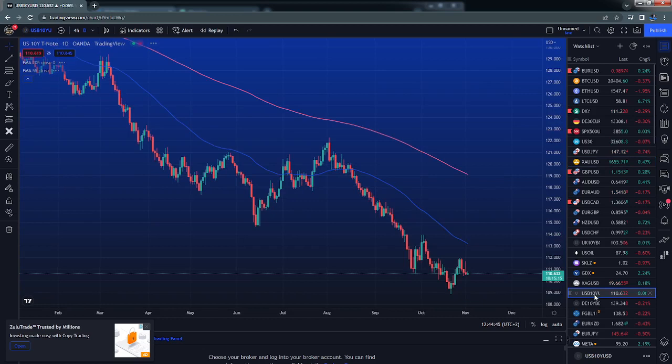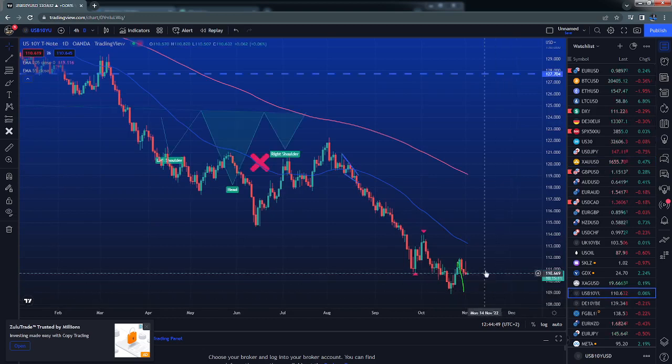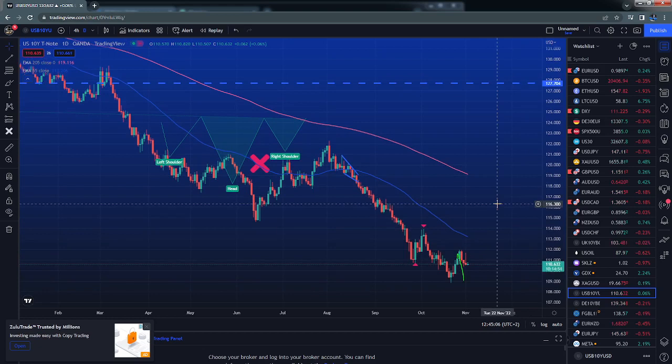Okay, what else is left? Let's check yields. Yields, of course, after the correction, going up again. This is the bond chart, the price chart, so yields are the opposite of the price of the bond. And I expect to see new lows here. And some of you may wonder how dollar can go down with yields going up. This has happened many times.